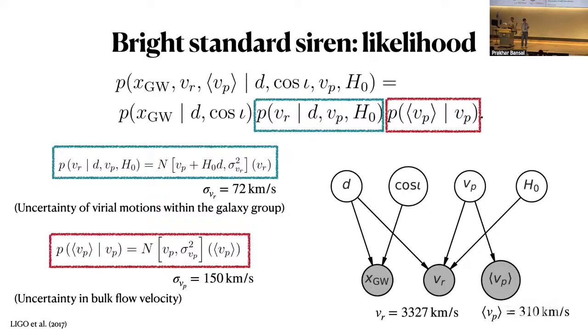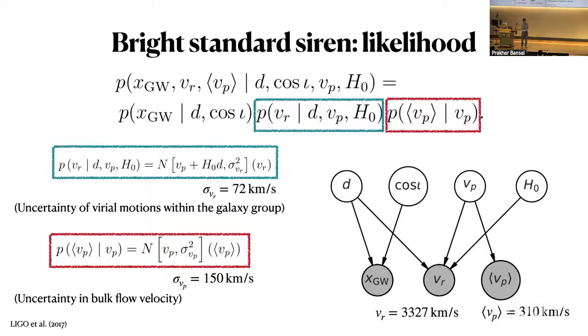Cool. So this is telling you that the gravitational wave data depends on the distance and inclination, and we multiply these different data together because they're statistically independent, using this graphical model. The recessional velocity depends on distance, true peculiar velocity, and the Hubble constant, and then the mean peculiar velocity depends on the true peculiar velocity.